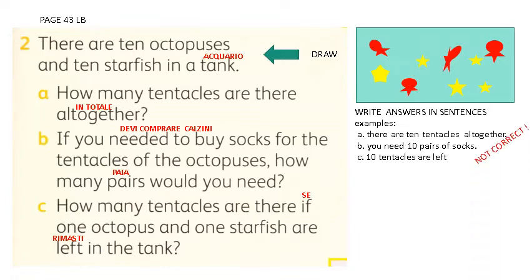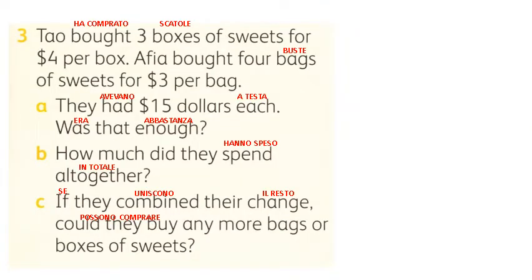They are not the correct answers. Then write number sentences for your answers. Example here, okay, which is also not correct. And that, try this one again. It's on page 43 of your learner's book.